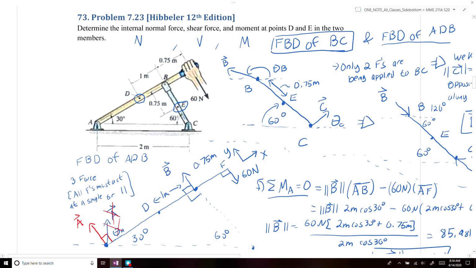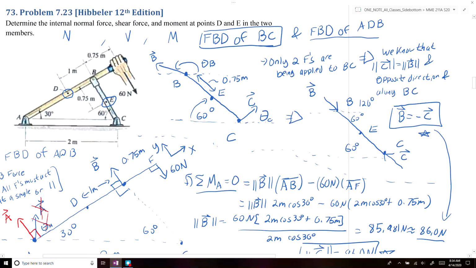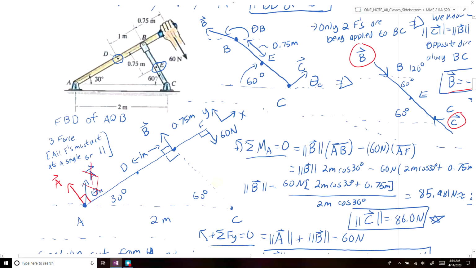We recognized that member BC was a two-force member, so the forces at point B and point C needed to be parallel, equal and opposite in direction, and they had to go along the member BEC. Then we drew the free body diagram of ADB, and we recognized that force A had to be parallel with force B and the applied force.